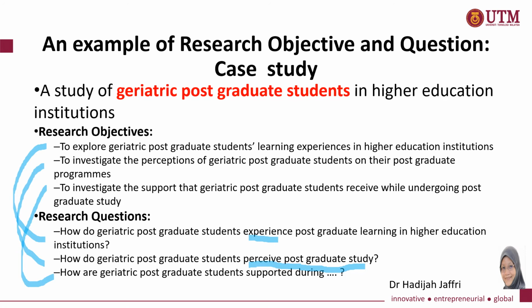But at the same time, we can have a look at the information about the supports given to postgraduate students in general, not specific to geriatric students, from the university website, for example. But then we want to look at how geriatric postgraduate students perceive the supports that are given to them in this case.